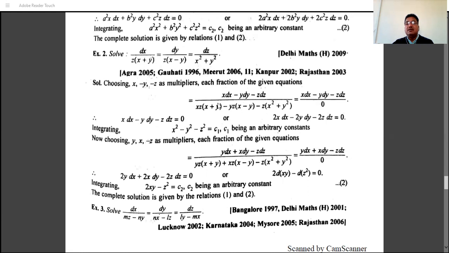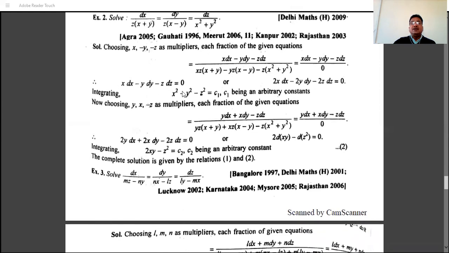If we simplify the denominator, we have the answer 0, and therefore x dx minus y dy minus z dz is equal to 0. After integration and multiplying by 2, we have this answer, and this is solution number 1.